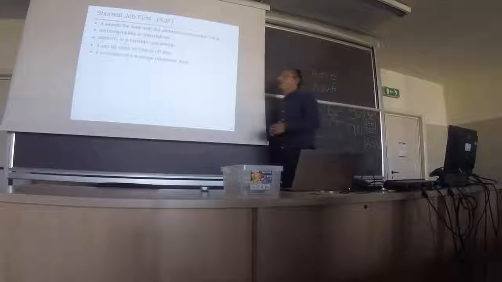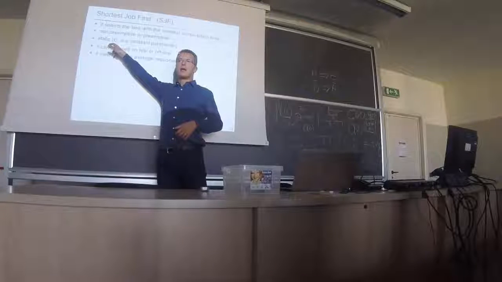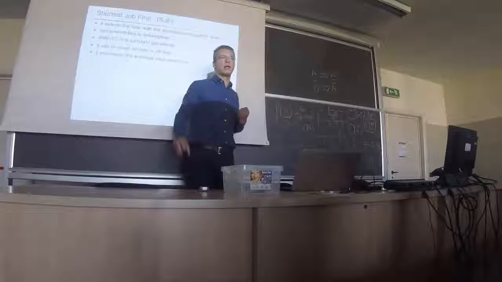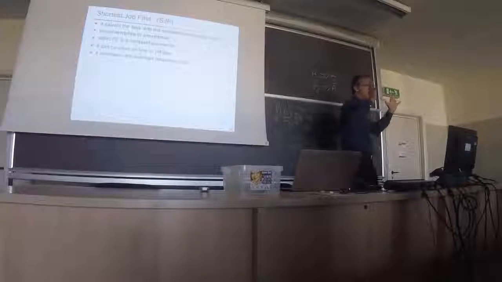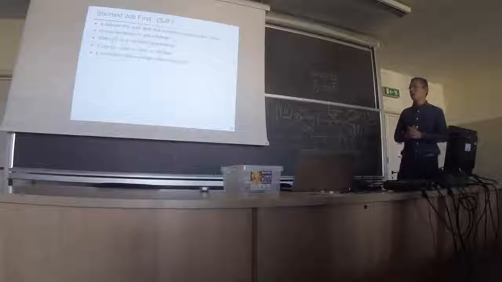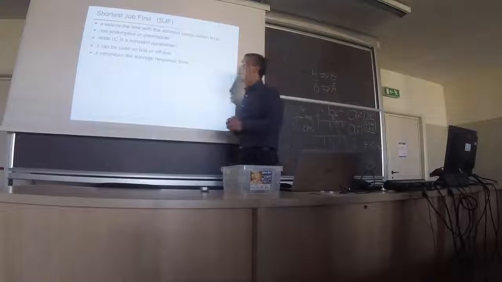It's static, because decisions are based only on Ci, which I know beforehand. That's not the remaining job time, that's the job time, the length of the worst case execution time, which is a parameter that I know beforehand.